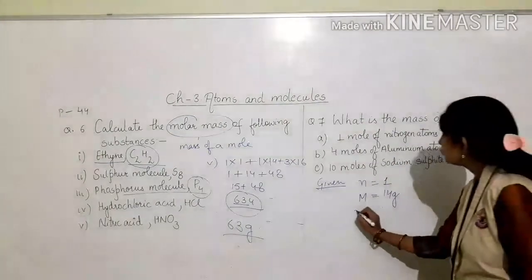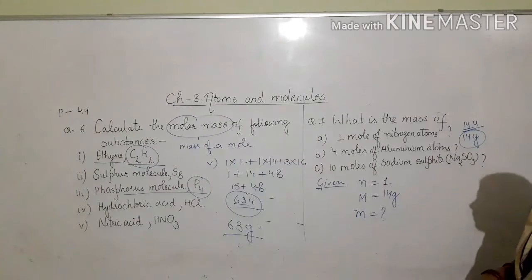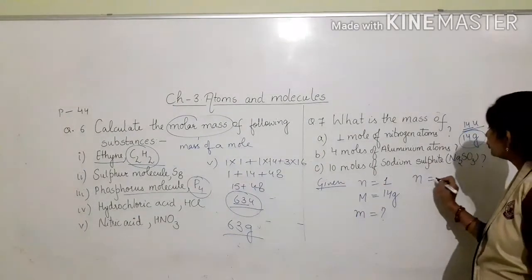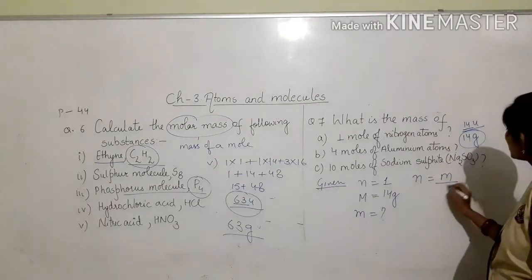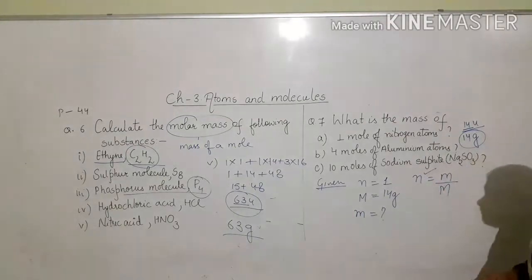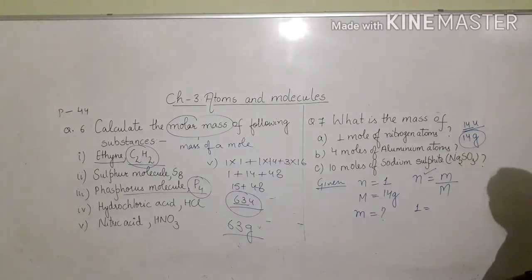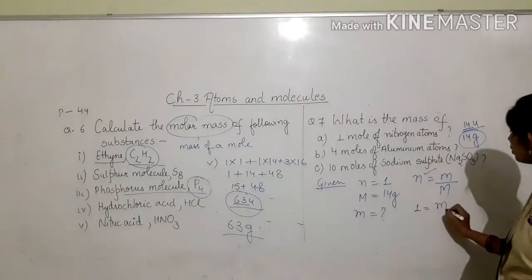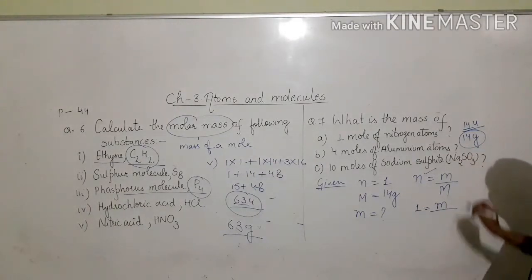Now we have to calculate mass, small m. I already told you that number of moles is equal to mass upon molar mass. Number of moles denoted with small n. It is given 1 is equal to mass denoted with small m. It is not given, we have to calculate it.